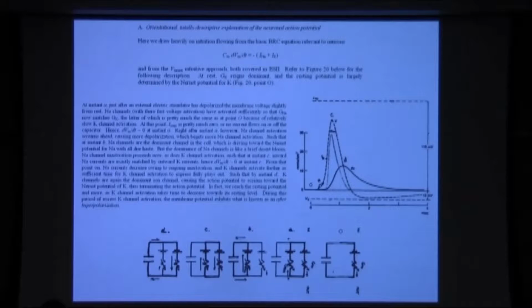And from that point on, the sodium channels inactivate further, and the potassium channels, which are still at a fairly positive voltage, just activate all the more, and so they win the game. And now the whole circuit is screaming towards repolarizing until we return back to the resting state.